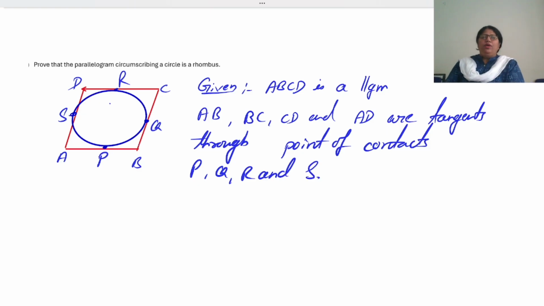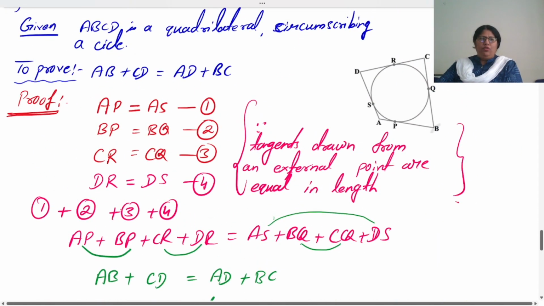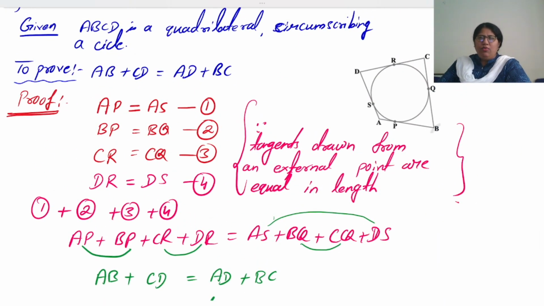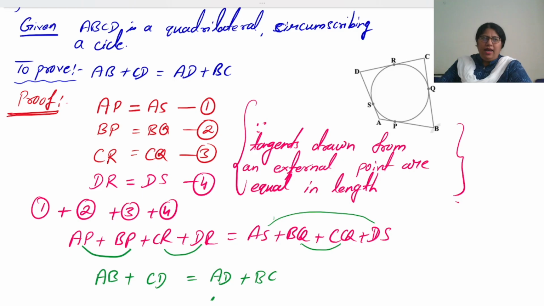Now whenever you are doing this, you are going to do the same proving that you have done for the previous question. Because what is the difference? That is a quadrilateral and here we are extending the same thing. So first proof, you need to take the proving part. As we need to prove the extension, it's a rhombus.